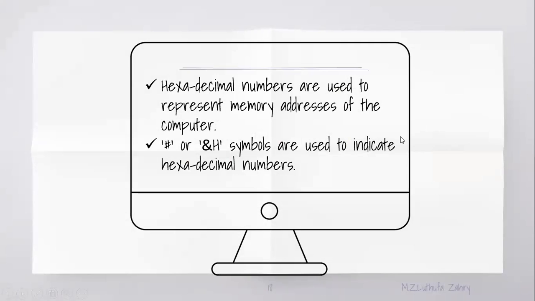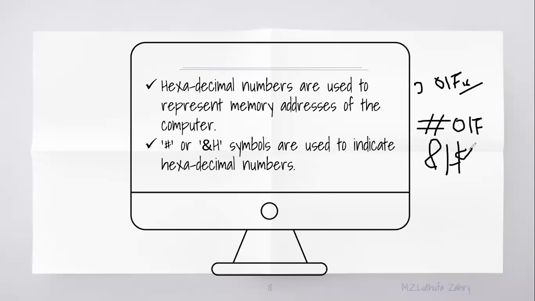Fine. So hexadecimal number, as I said, binary is the one which is used for the data representation in computer. These hexadecimal numbers are used to represent memory addresses of the computer. In computer, if there is a number like 01F with a base of 16, you won't see a base 16 written. Instead, to show the hexadecimal number, there will be a hash in front or an h at the end.